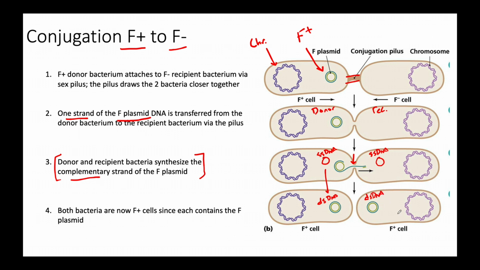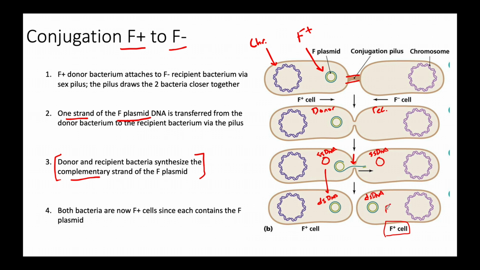And so now what you have is what was once the F minus cell that didn't have the plasmid, because that's the piece of DNA that was transferred through the pilus, you now have an F minus cell being converted to an F plus cell, because, as we said, what defines an F plus cell is it has the F plasmid, and this cell now does.